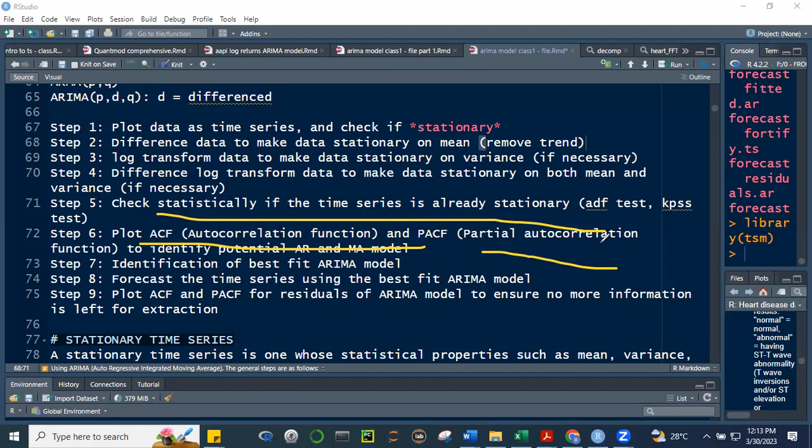Now this is used for determining whether our series is AR or MA or a combination. Okay, so yung concept ng ACF at saka PACF is very important in time series analysis. Autocorrelation function and then partial autocorrelation function. Okay, plotting the ACF and PACF will allow us to determine AR process, or MA process, or ARMA process.